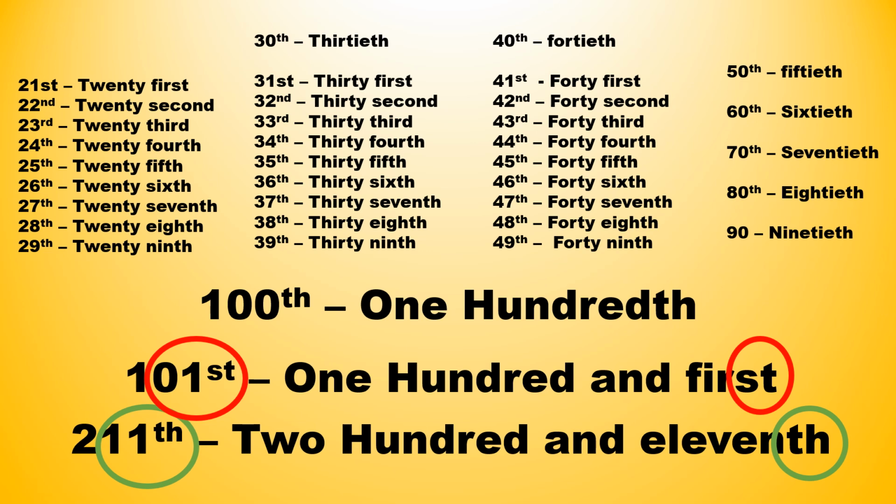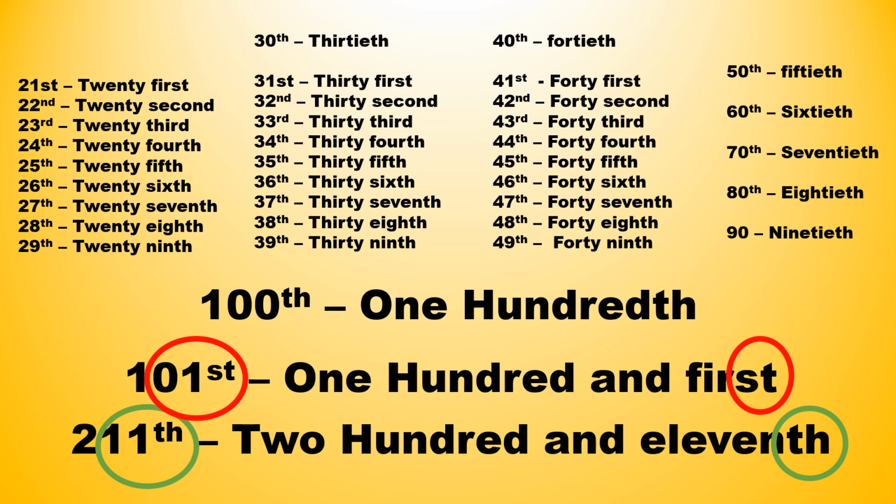It's the same: first, second, third, ST, ND, RD. Then the 44th, TH, TH, TH, TH, TH, TH, 50th. And the same for all of the numbers in the 50th and the 60th and the 70th and the 80th and the 90th and then 100th.